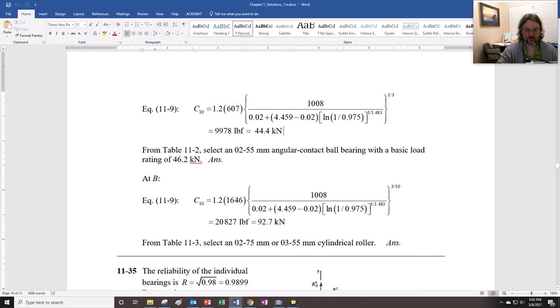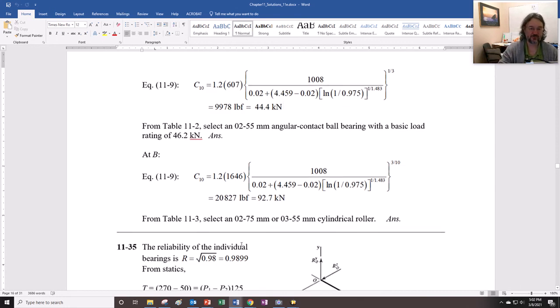Like I got 120, but by using the 3/10, it makes it slightly smaller, but then they're able to find that they can use a 75 millimeter, so they had 92.7.